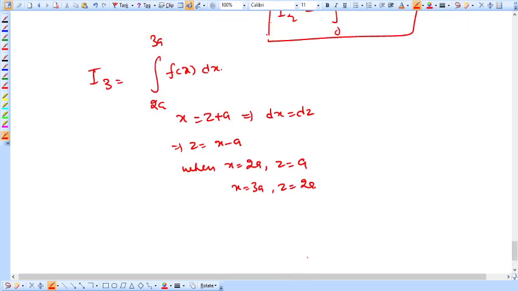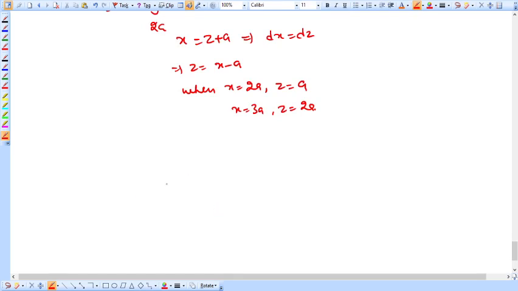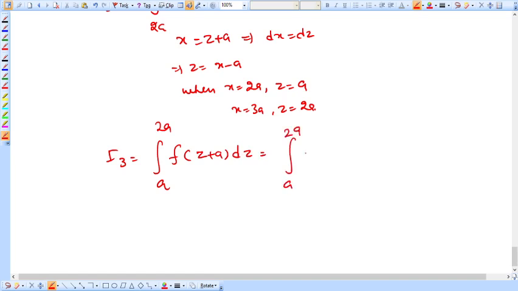Now putting all this information in I3, we get I3 is equal to integral a to 2a, and inside you will be having f of z plus a into dz, okay. So changing the variable, we can write it as integral a to 2a of f of x plus a, or a plus x, dz, okay.